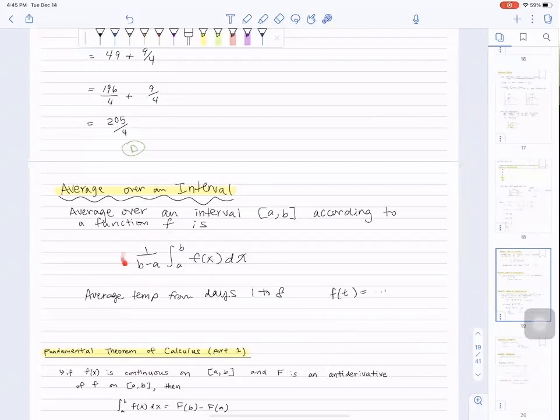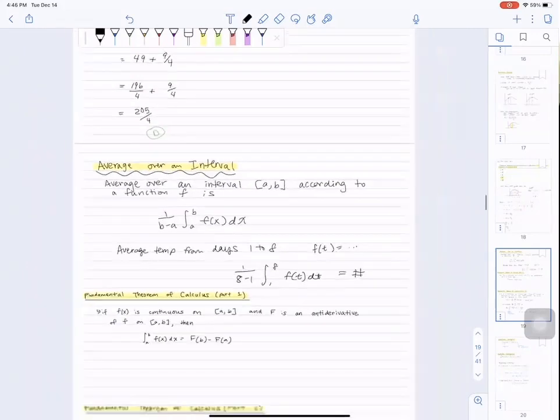Then you would follow this formula: 1 over 8 minus 1, times the integral from 1 to 8 of whatever function you were given. That should give you some number, and that's the average over an interval.